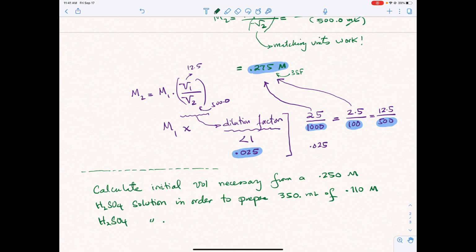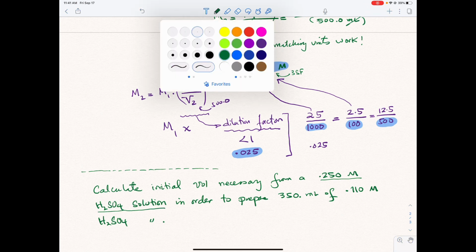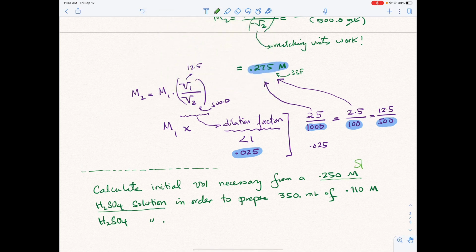So what is the initial volume that you have to take from the 0.250 molarity sulfuric acid solution? So this solution obviously is my stock solution, my more concentrated solution. And you're preparing 350 ml of 0.110 molarity sulfuric acid.